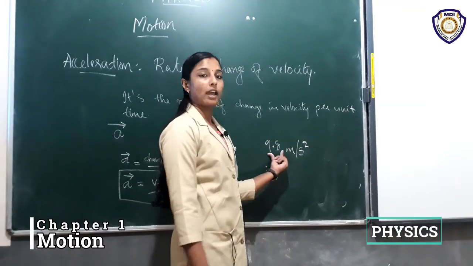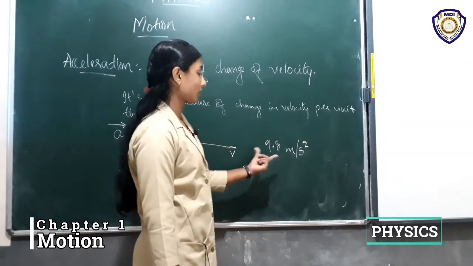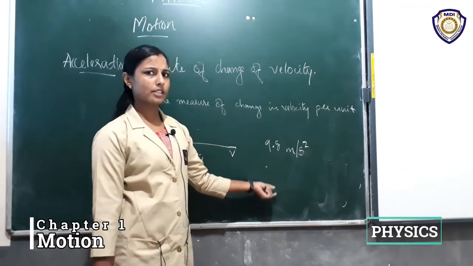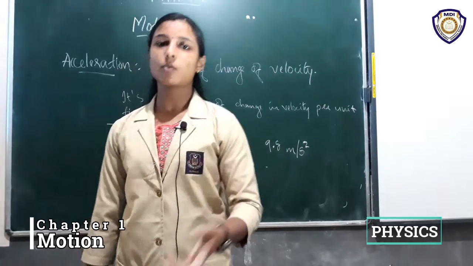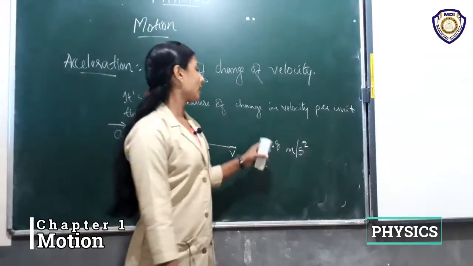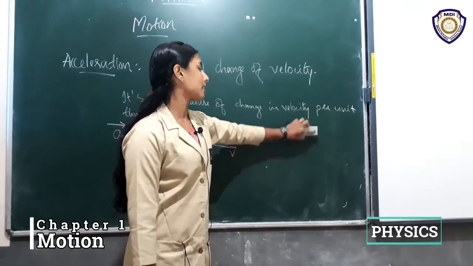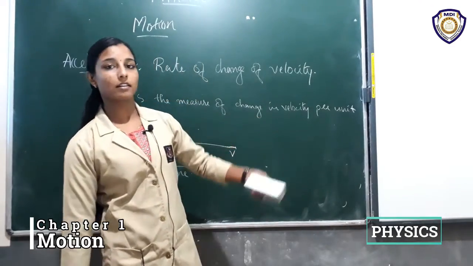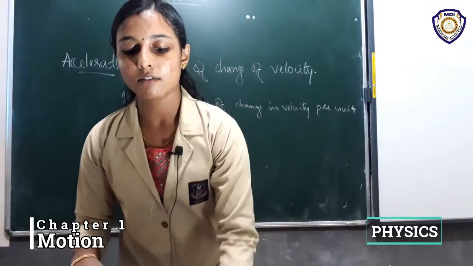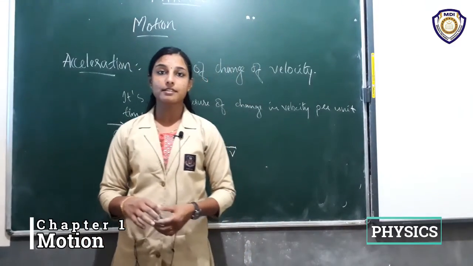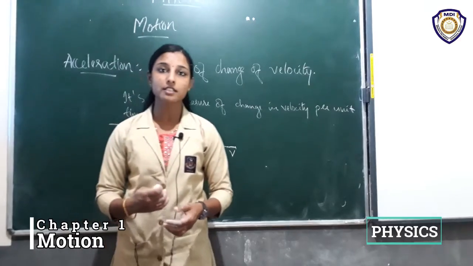This is because of the gravitational force, right? You may study this in your higher classes, we will study it later, okay? So just understand what uniformly accelerated motion means.